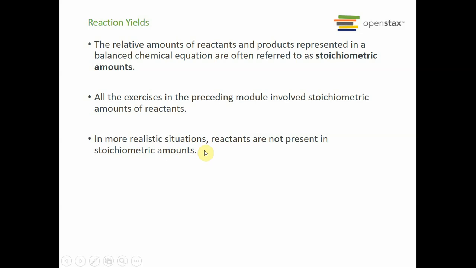Actually, you usually have one reactant in higher concentration in order to drive the reaction completely to products. And so you have a little bit of one of the reactants left over. And hopefully you have something that precipitates out or is otherwise separable from the starting material.